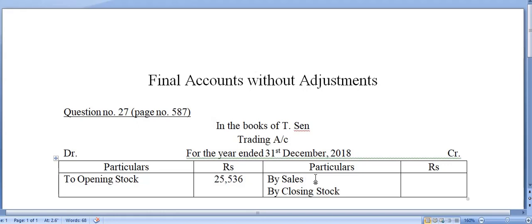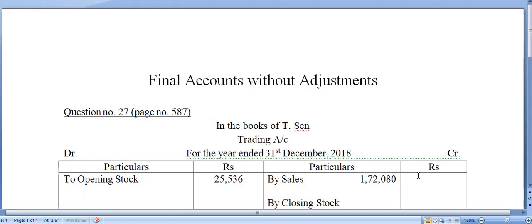The first item of the trial balance is sales returns and sales. So the sales is 1,72,080, because sales is your income, a nominal account, so it will have a credit balance. And the sales returns will have a debit balance. Sales returns is also known as returns inward.